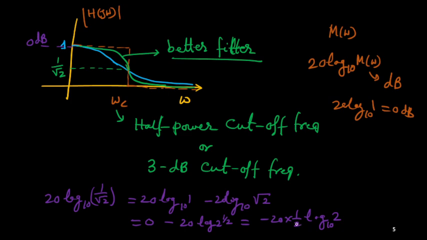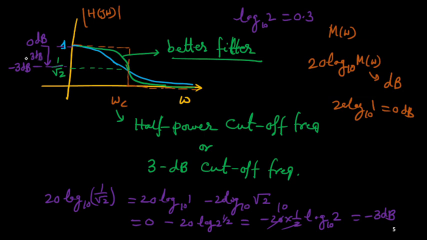The value of log 2 base 10 is 0.3, so it is 10 into 0.3, which becomes minus 3 dB. So this level I can call minus 3 dB. It is reduced by a margin of 3 dB. That's why it is called the 3 dB cutoff frequency.